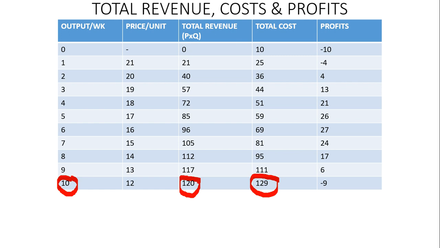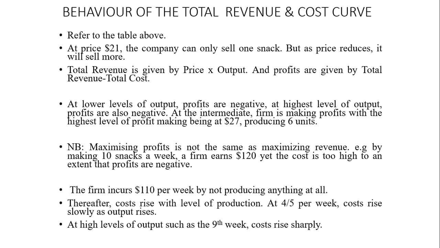Therefore, a huge amount of revenue is just going to go into ruins. You end up having a negative profit, which is a loss. So yes, it's very much possible for a firm to have a high revenue figure and yet be making losses because of not paying attention to the cost side.